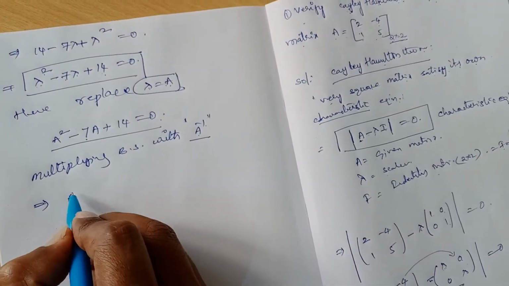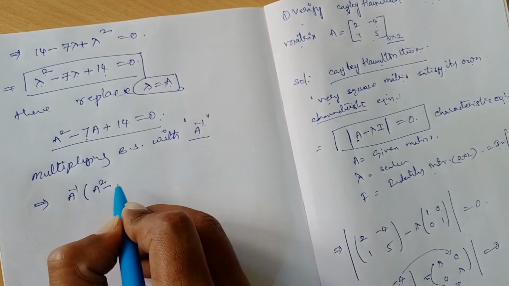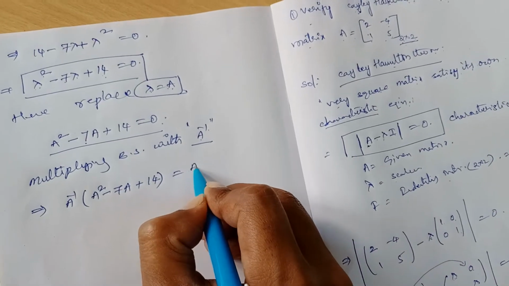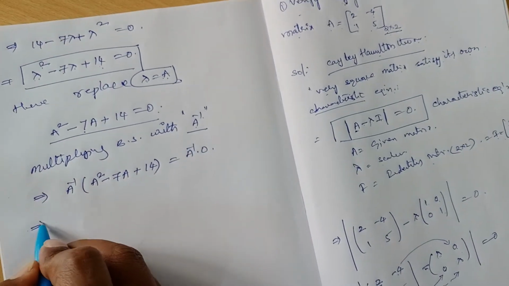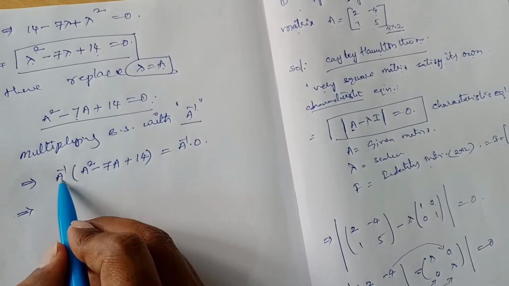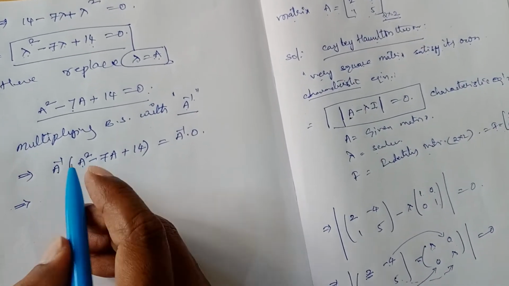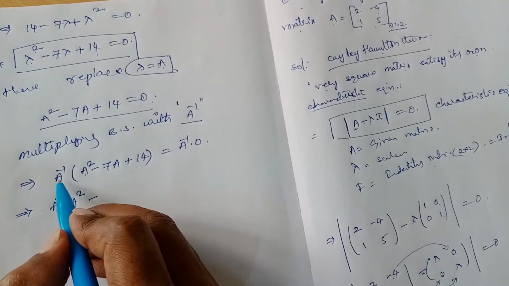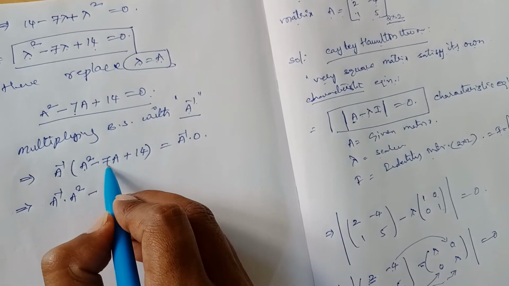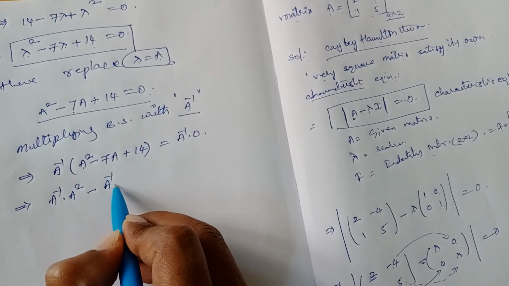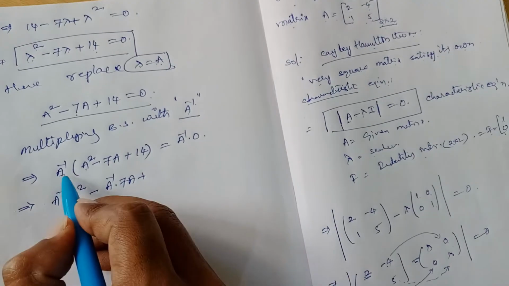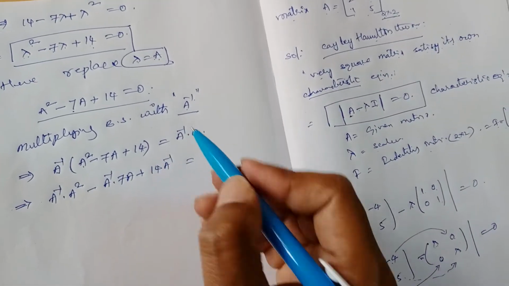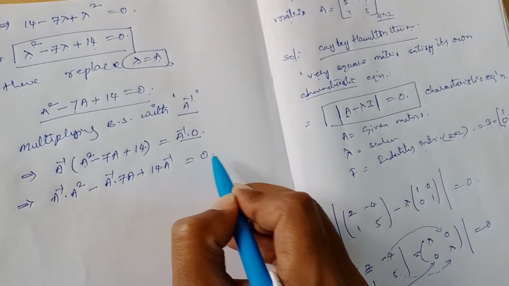So that is A inverse into A square minus 7A plus 14 is equal to A inverse into 0, which is equal to, see here, A inverse into A square minus A inverse into 7A plus A inverse into 14, 14 into A inverse, is equal to 0 into anything, 0.